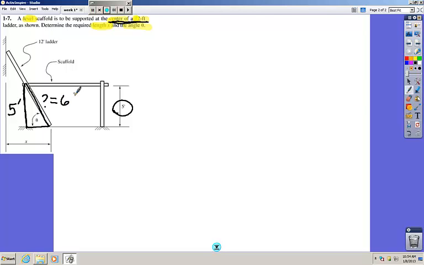It's 6 feet. Okay, so now I'd like to know the angle theta, and I have the opposite, and I have the hypotenuse, so I can find theta using the relationship sine.